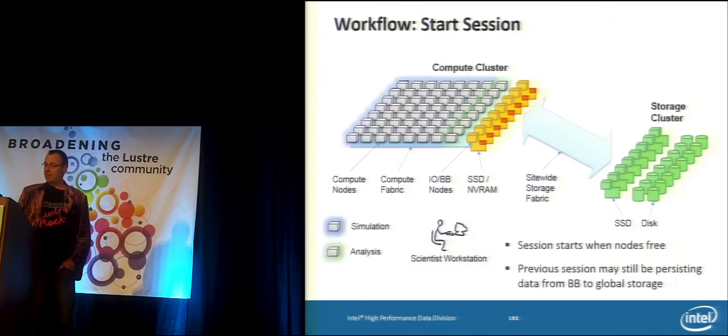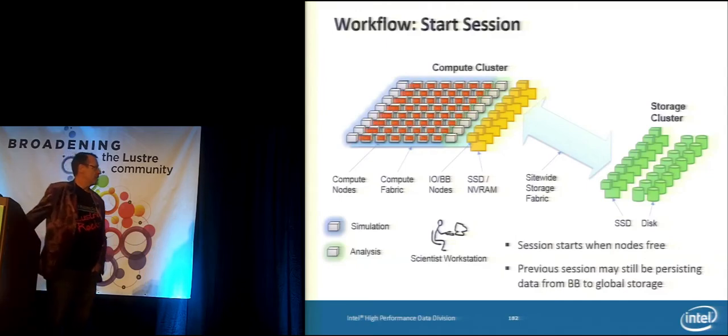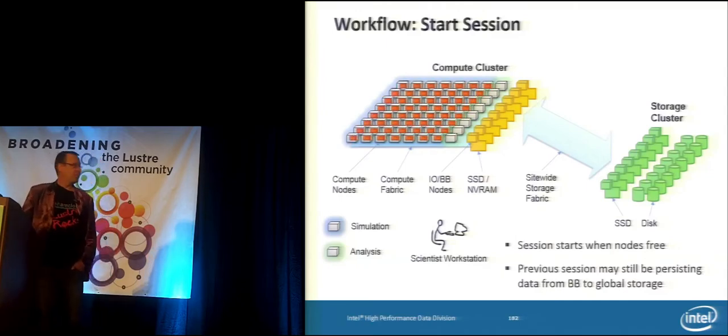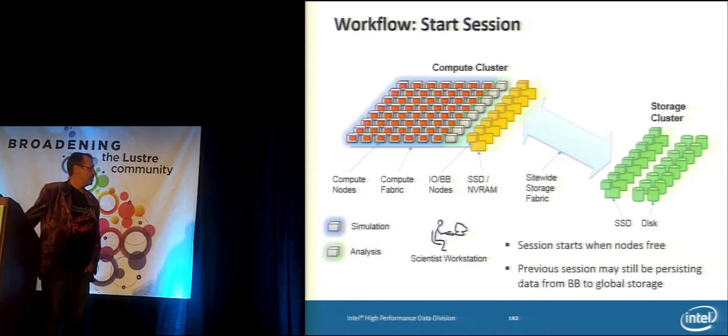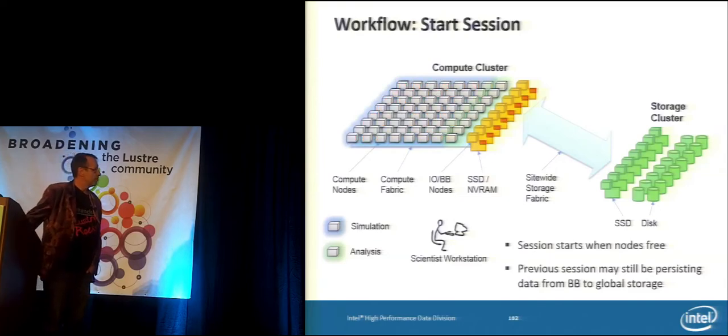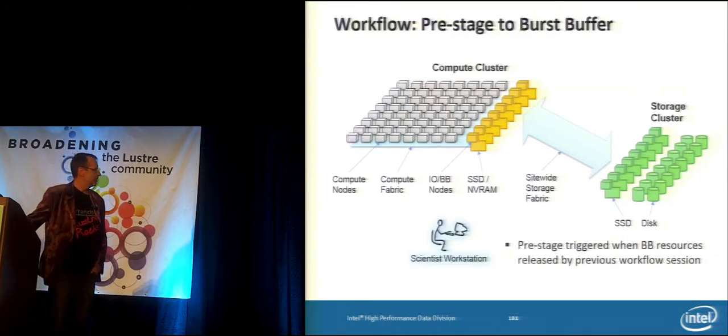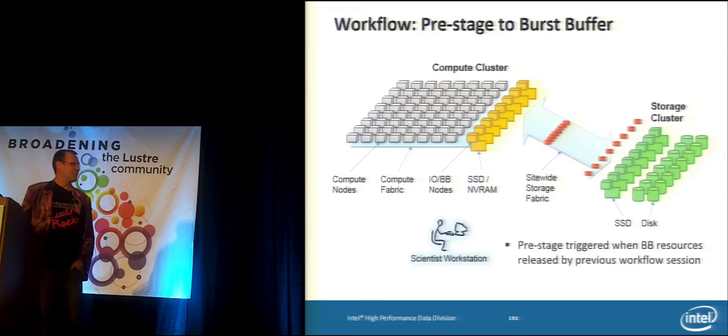Once it's there, then the simulation can actually start running, pull the data in from the burst buffer, and start computing on it. Whoops, I pressed the wrong button. Here we go. See, it's very slow to pull it in from the global file system.